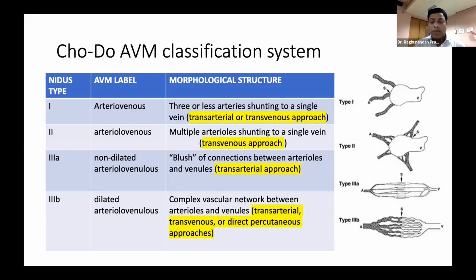Type 3B are the most difficult lesions to treat by endovascular means, because here the fistulous connections are at the level of arterioles, and the veins are also dilated, with a huge number of channels. They are very difficult to treat, so here you need to combine transarterial, transvenous, as well as the direct percutaneous approach.